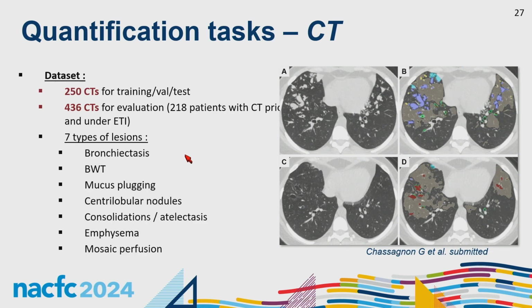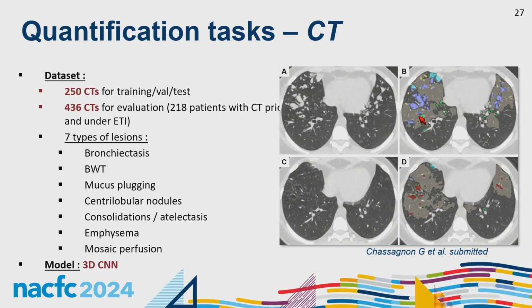We trained the network to segment 7 types of lesions: bronchiectasis, bronchial wall thickening, mucus plugging, centrilobular nodule, consolidation, but also emphysema and mosaic perfusion. And these are the kind of results we obtained. We were able to have a very accurate segmentation of all the lesions on the CT scan.